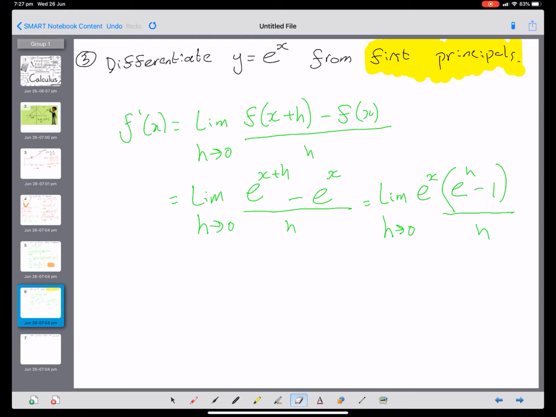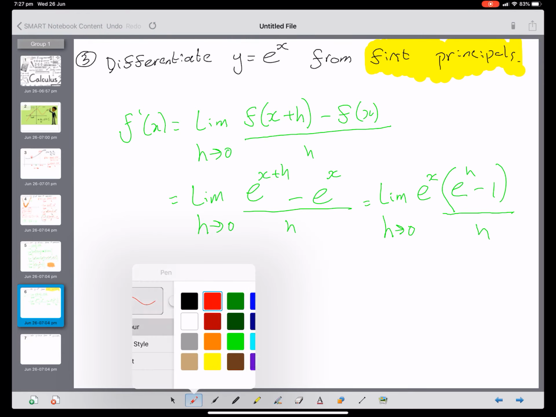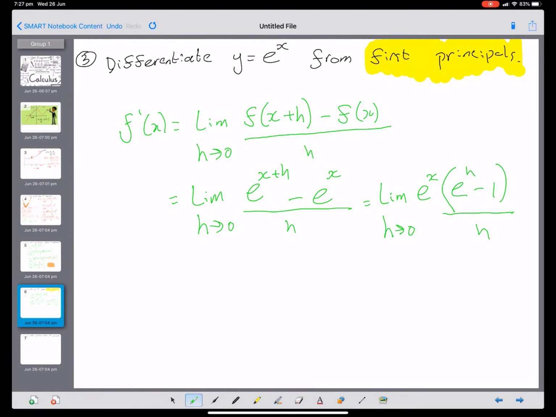Just do the right thing. So we can take out e to the x and find the limit as h goes to 0 of e to the h minus 1 over h.